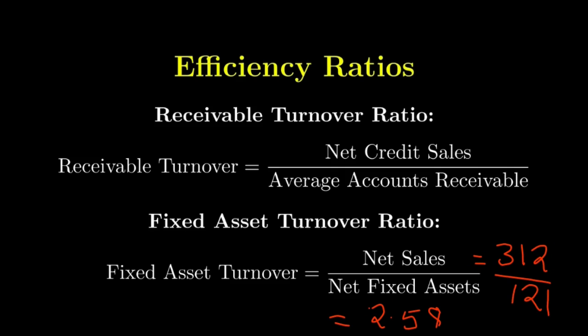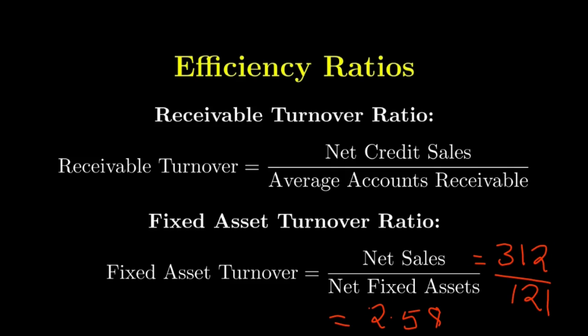Okay, so that is it for the first types of financial ratios in this lesson on financial analysis. Number one, we talked about the liquidity ratio, the current ratio. Number two, we talked about the efficiency ratios, that is the receivable turnover ratio, how effective a company is when it comes to collecting its receivables from clients and customers.